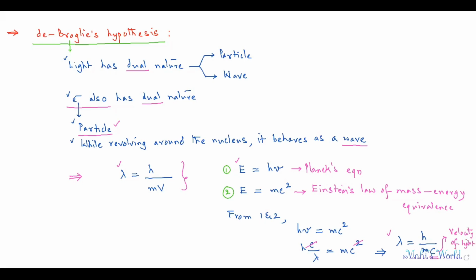Now in a similar way, for a particle moving with a velocity v, we can write it as lambda is equal to h by mv.